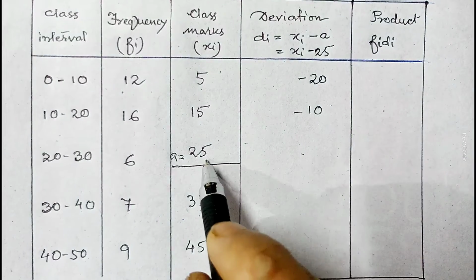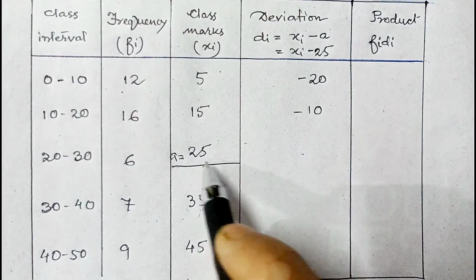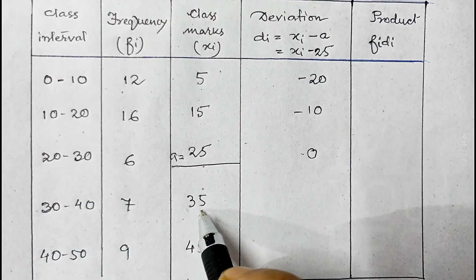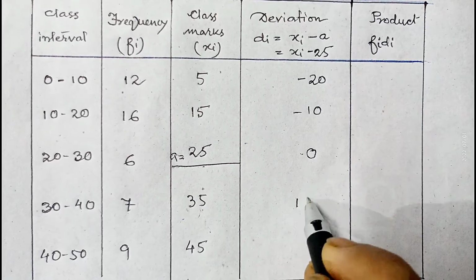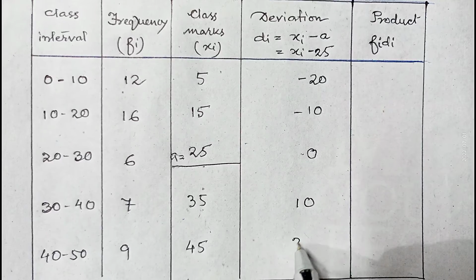Here it will be 25 minus 25, it will be 0. Next case it is 35 minus 25, 35 minus 25 will be 10, and in the last case 45 minus 25, that will be 20.